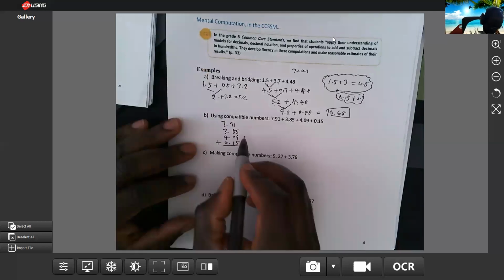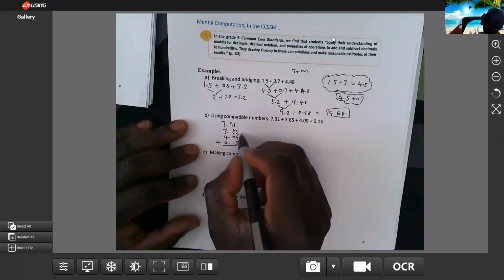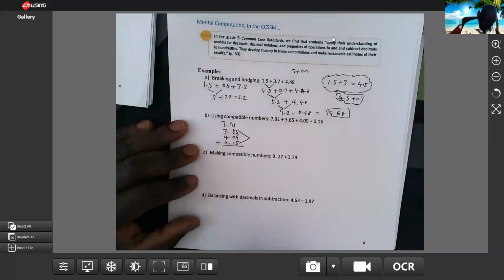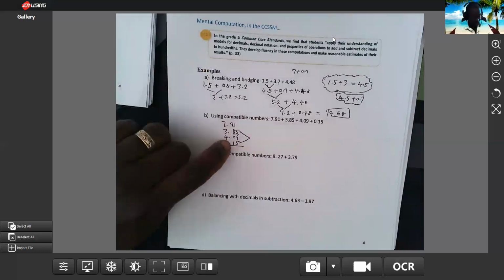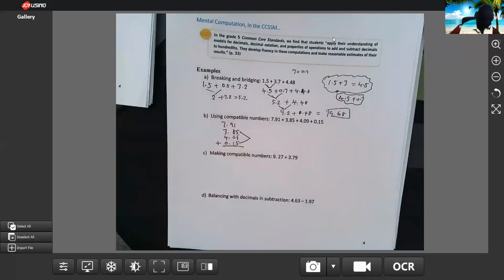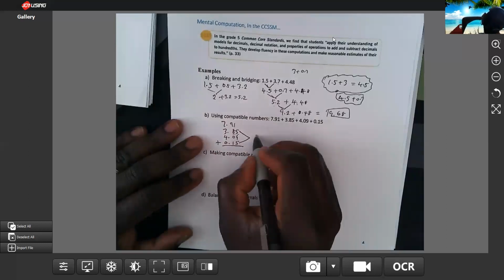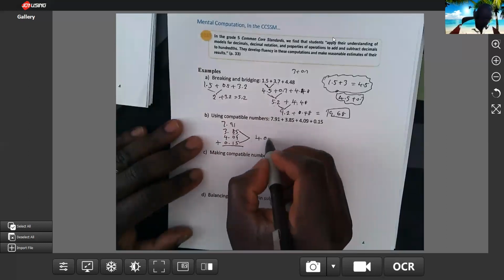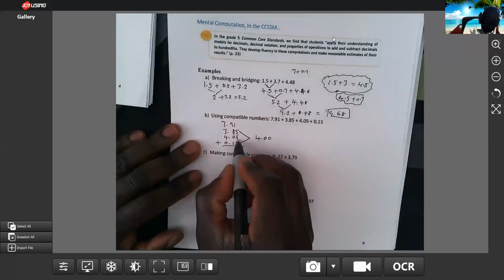Now look at this, I have 0.85 and 0.15. If I add these two numbers, I know that is 100 hundredths, which is 1. And then I can add it to the 3, so that will give me 4.00. Then look at the 0.09 and then the 7.91.